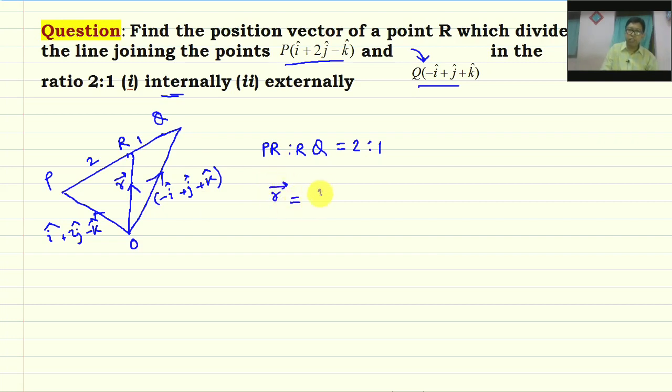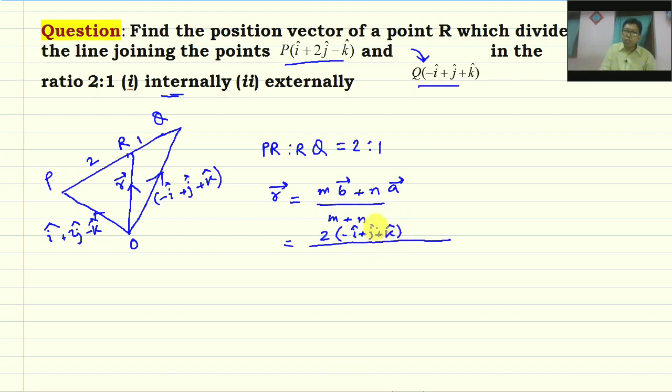The R vector is equal to, I write just the formula, (m·B vector + n·A vector) divided by (m + n). Just we found this one. So what is m? m is 2, times the B vector. The B vector is −î + ĵ + k̂, plus n times the A vector.